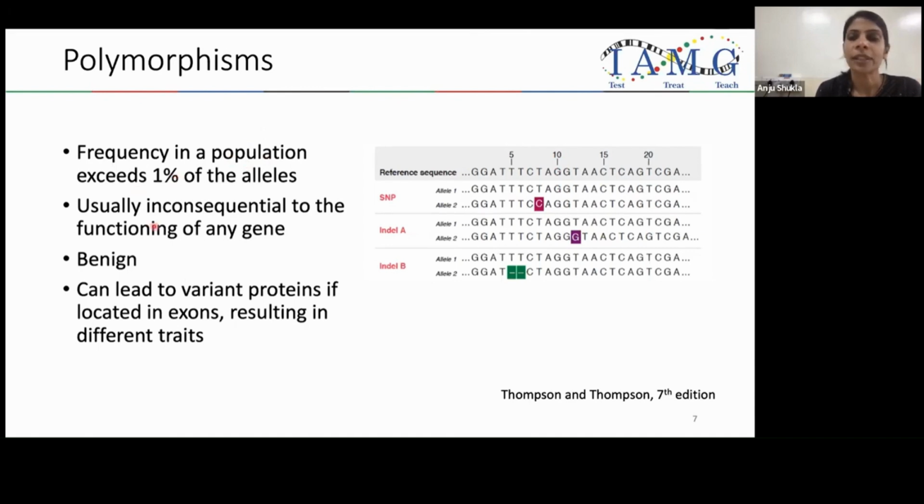And because they are common, they are usually inconsequential to the functioning of any gene, and that is why they are called benign variants. They can lead to variant proteins, but are not detrimental to the protein function. And whenever they are present within the exons, they can result in different traits because they would result in the production of a variant protein.